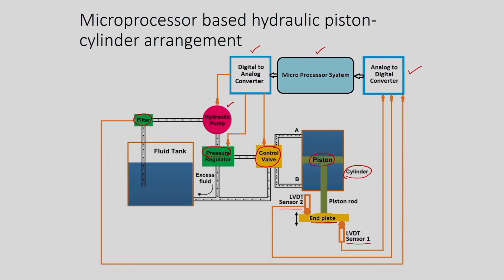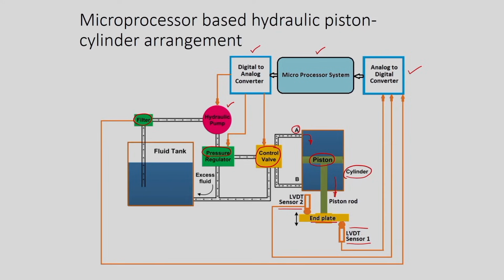For the extension, the microprocessor will give the signal to the hydraulic pump to pump the pressurized fluid at port A. As pressurized fluid comes through port A, the piston will move away, it will come out, the cylinder will extend and that will be sensed by the LVDT sensor 1.